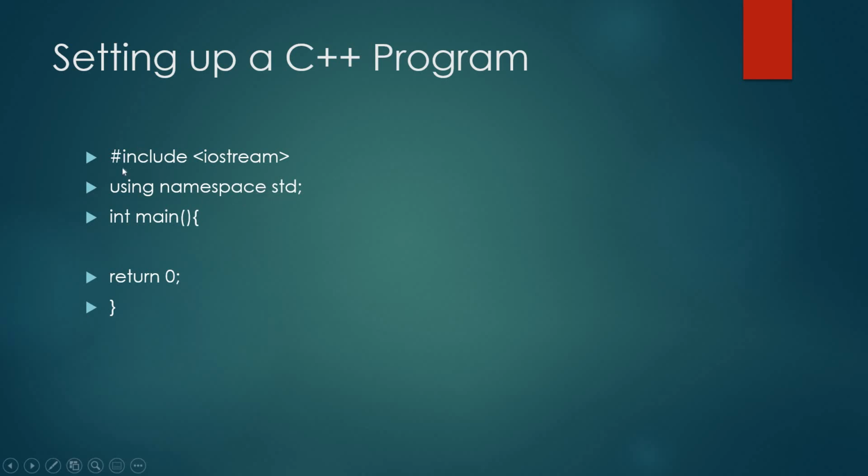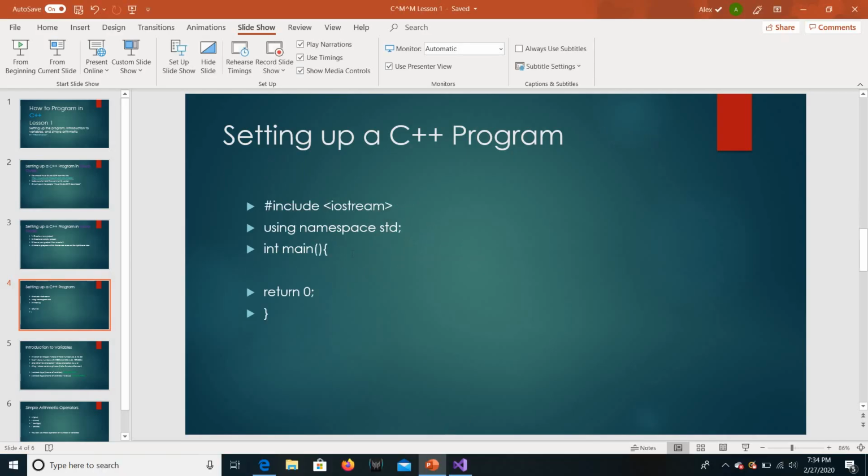So you have hashtag include iostream. IO basically stands for input output. This includes a library of stuff you can add to your program. This is using namespace std. This is int main, return 0, and then the ending curly bracket. We'll get to what all that means later.